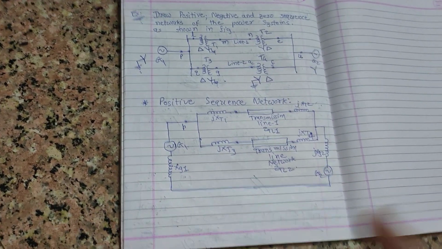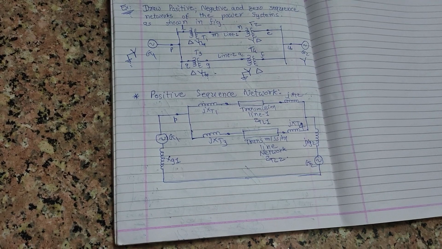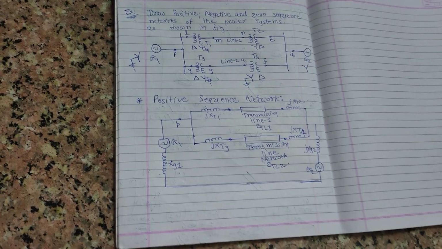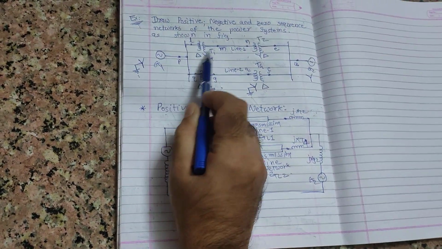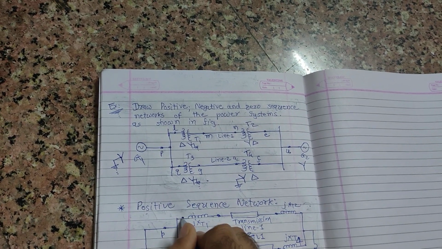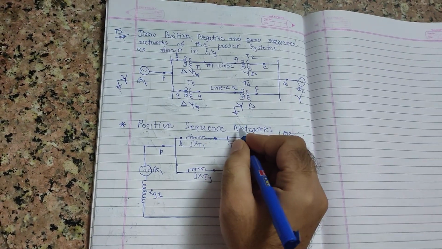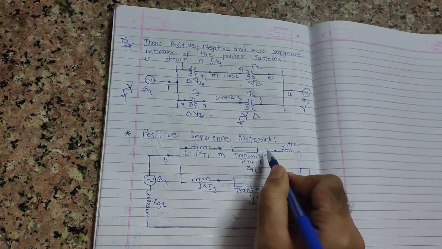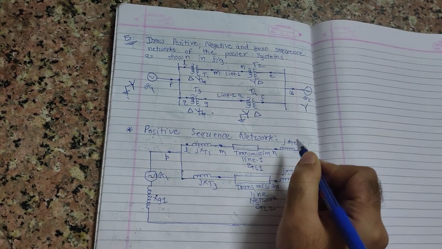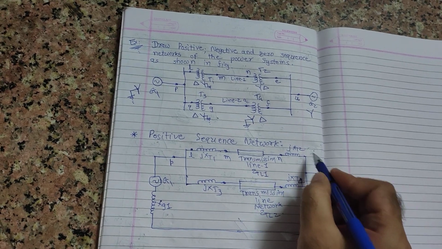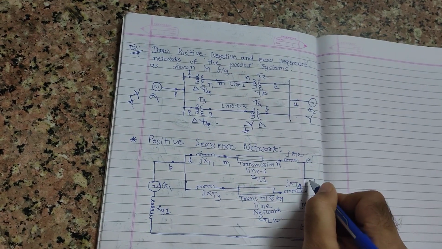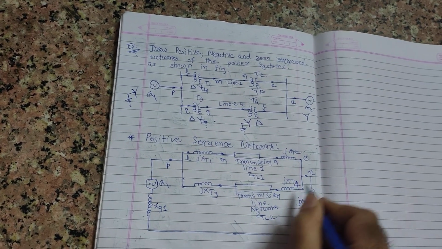This will be considered as your positive sequence network diagram, which is nothing but the same as the per unit reactance diagram. Now give the same nodes as given in the diagram. This is P, then this is L, then M is given, N is given, then here E is given, then U is given.